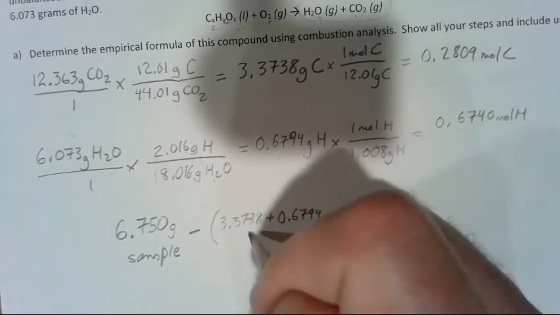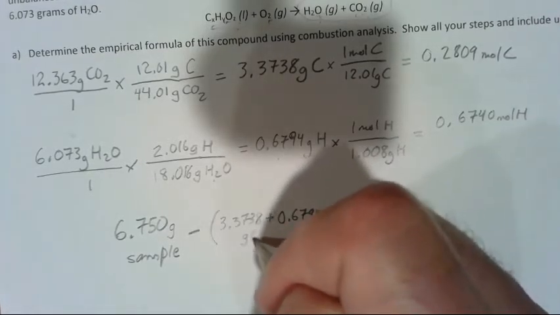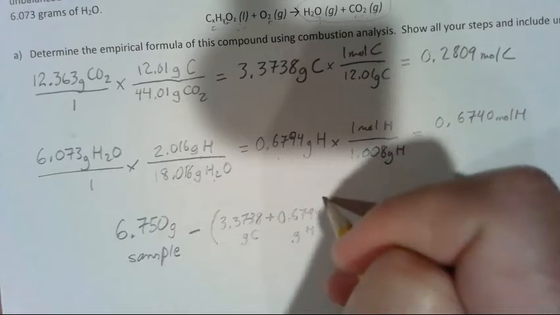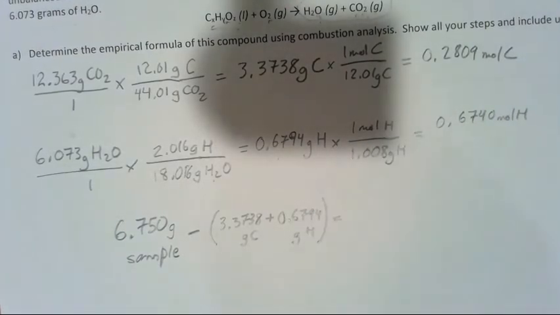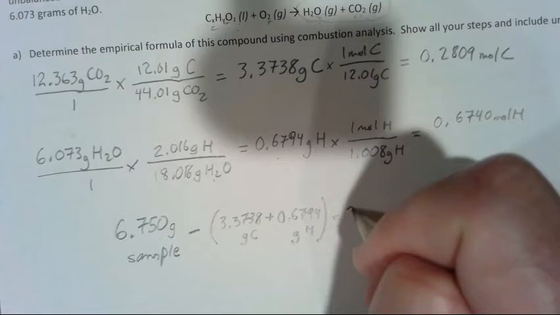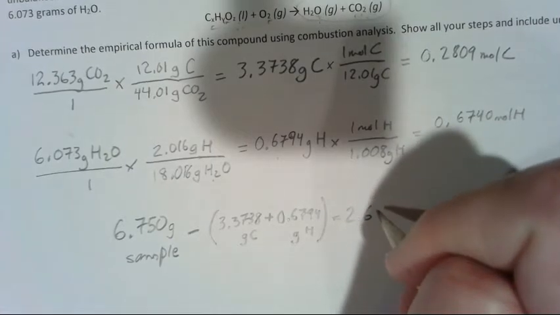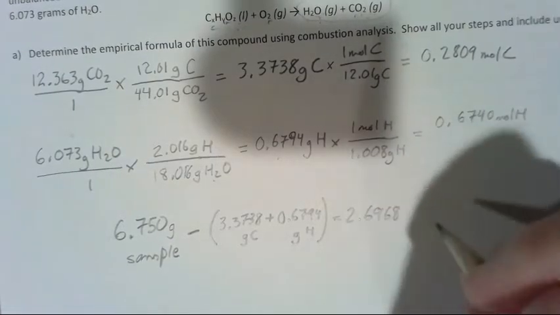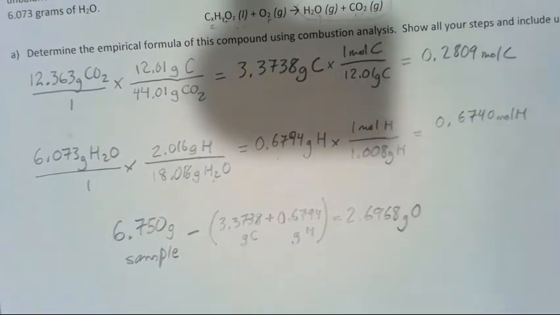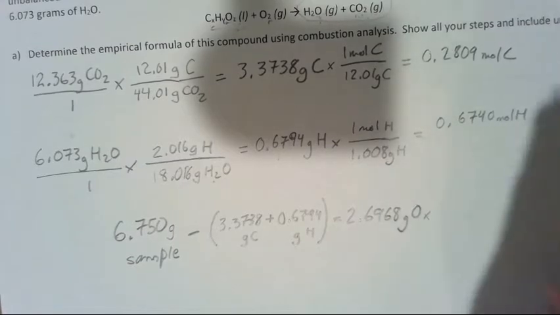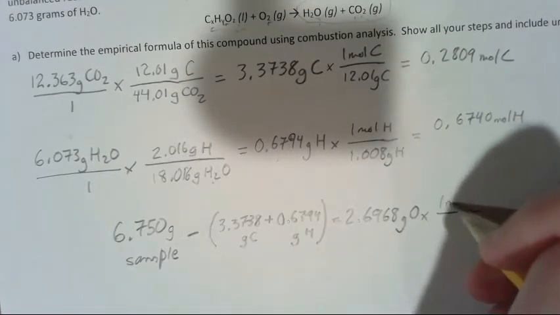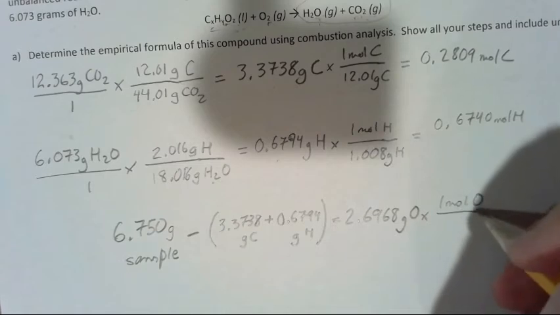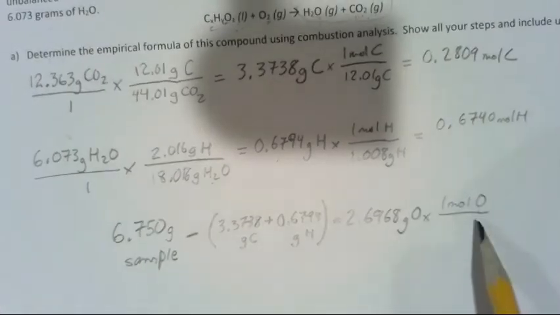The remainder, we're going to assume, that's a good assumption, is grams of oxygen. And if we do that, we get 2.6968 grams of oxygen, which we can turn into moles of oxygen by doing a mole conversion. And again, we're not using diatomic oxygen here.